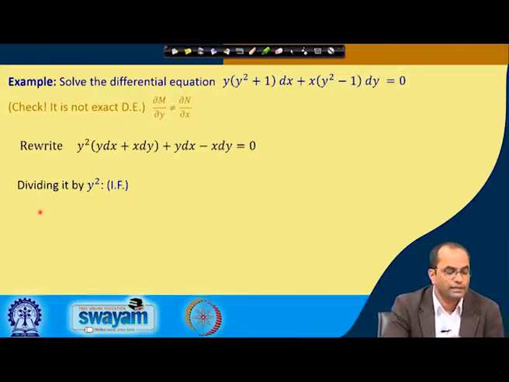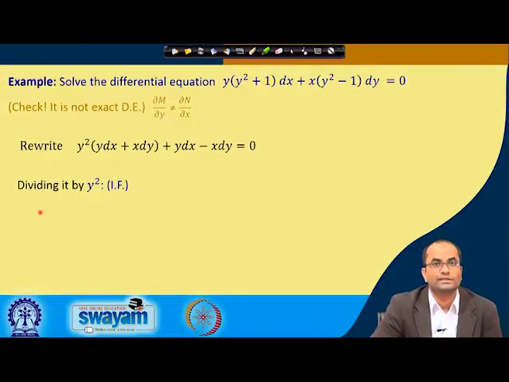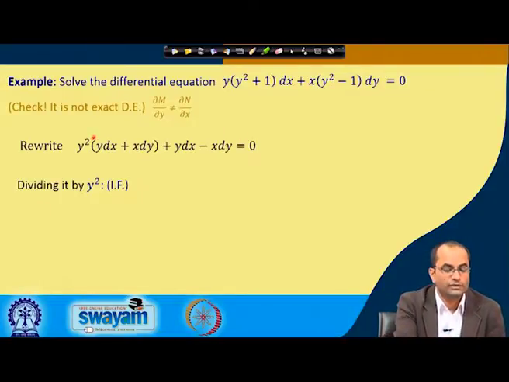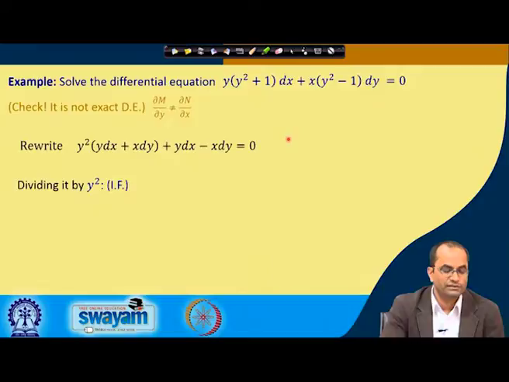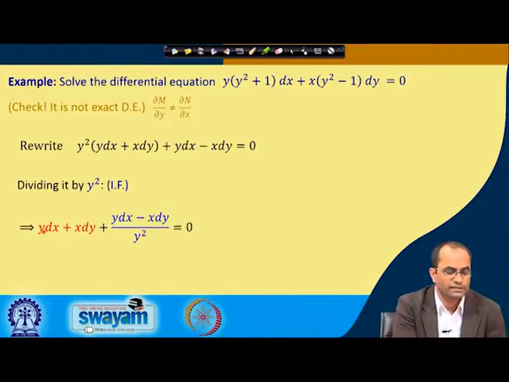And now we divide this equation by y². Because all those standard expressions we have seen had something in the division. So, if we divide by y², this is a very standard form here: y dx + x dy, and (y dx − x dy)/y².